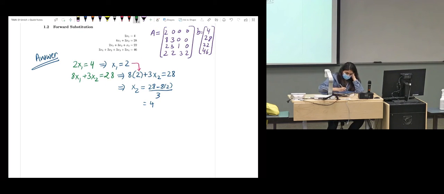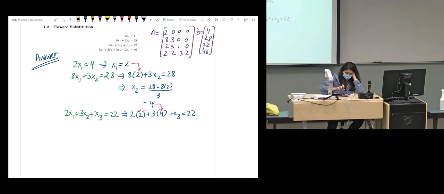Now for the next equation, I'm going to write 2x1 plus 3x2 plus x3 is 22. From here I build 2 times x1, which I know is 2, plus 3 times x2, which I know is 4, plus x3 is 22. Just to mark what I'm doing here, and hopefully it doesn't get too confusing.